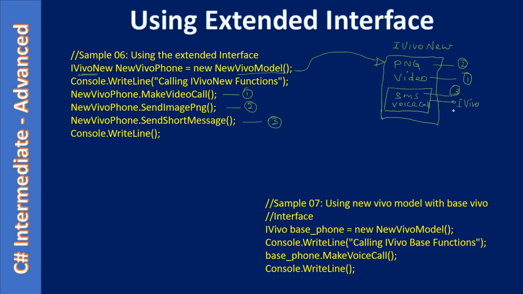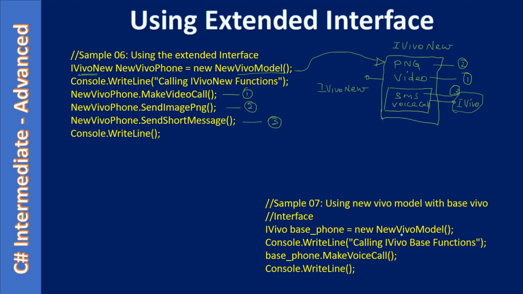That means here we are making use of this IVivo only. This outer layer is IVivoNew. So this is an extended interface, so it supports PNG video as well as the base functionality offered by IVivo.